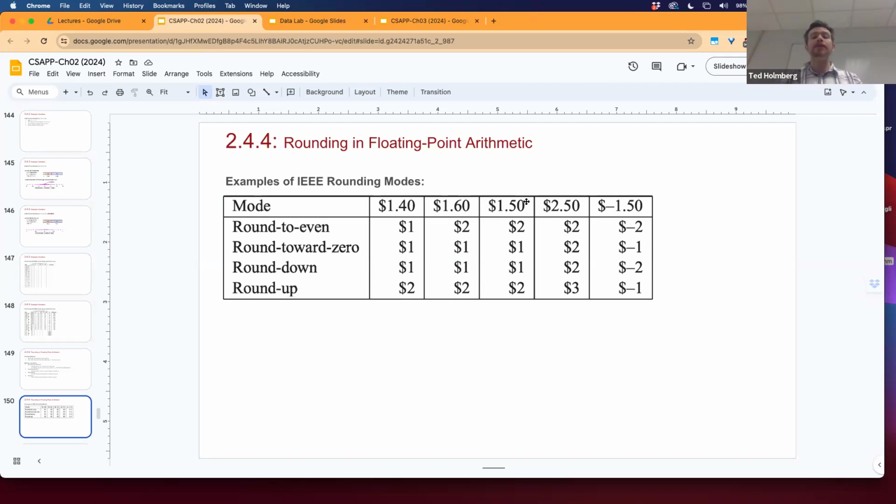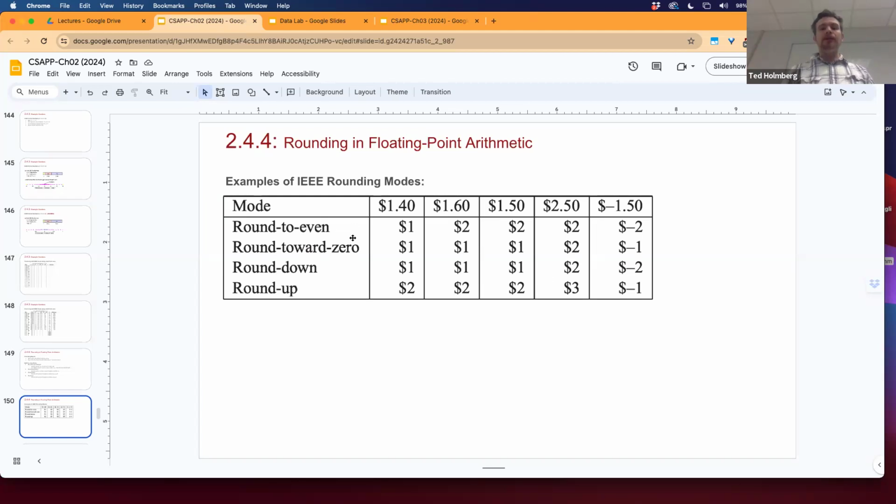So again, look at the difference between my 1.5 and my minus 1.5. This comes to a 2 versus a minus 1. So obviously we don't want to round down and round up because we get different behaviors depending on whether it's a positive or negative value. One reason why the IEEE avoids those rounding schemes.